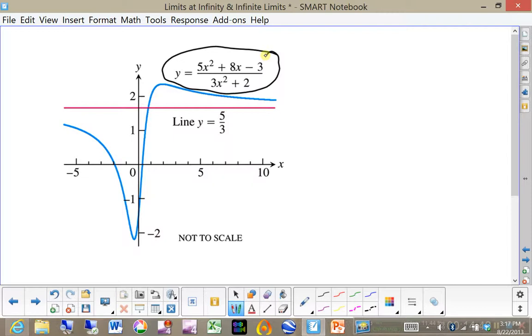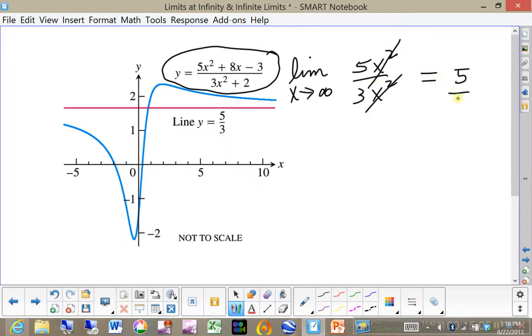But to find the horizontal asymptote, we want to take the limit as x approaches infinity of y, and we would take the dominating term 5x squared for the numerator and 3x squared for the denominator. Obviously the x squares cancel and the horizontal asymptote is y equals 5/3. And so we see this red line here, that is the horizontal asymptote.